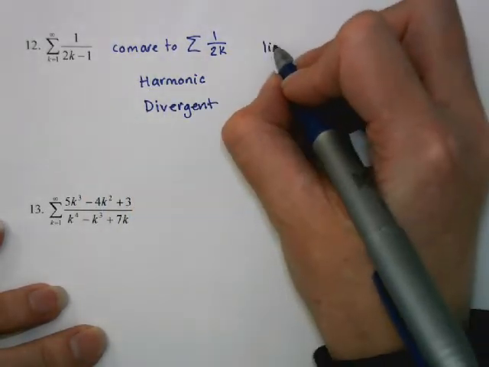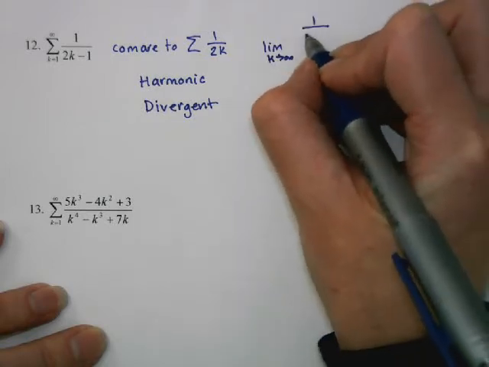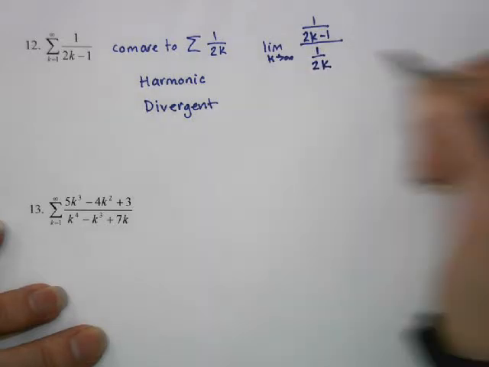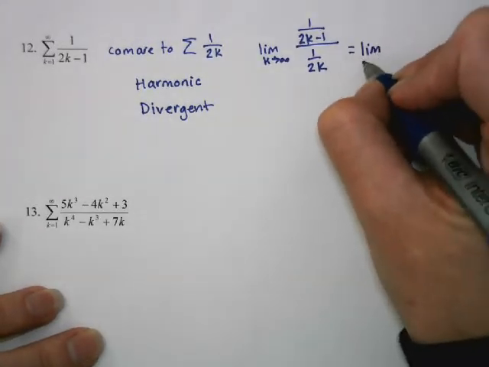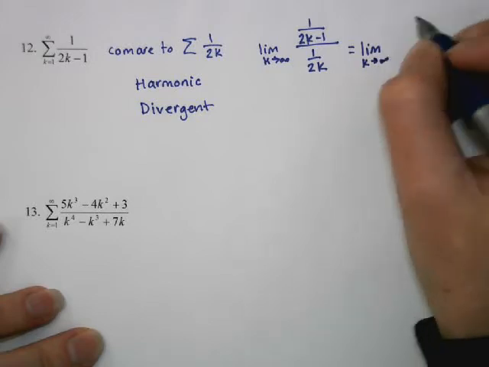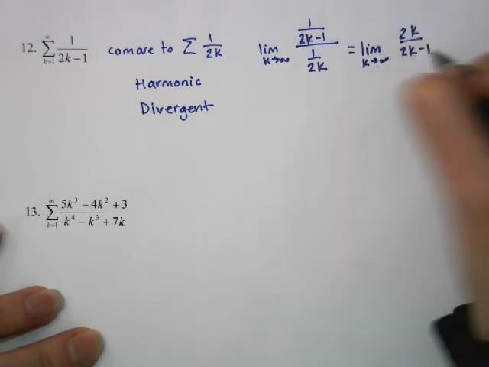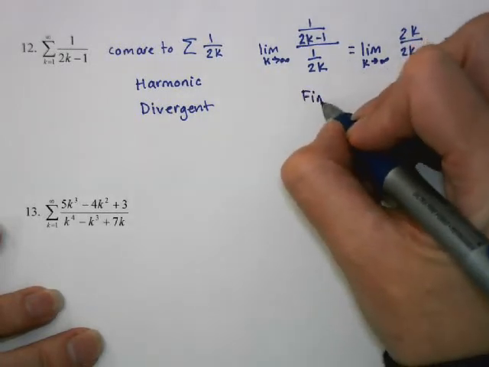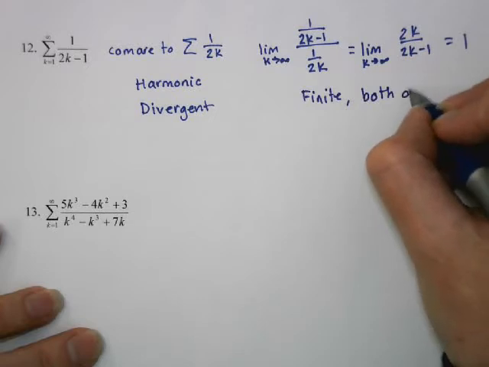Okay, and we'll do the limit as k goes to infinity of 1 over 2k minus 1 over 1 over 2k. And again, we get 1, which is finite, so they both diverge.